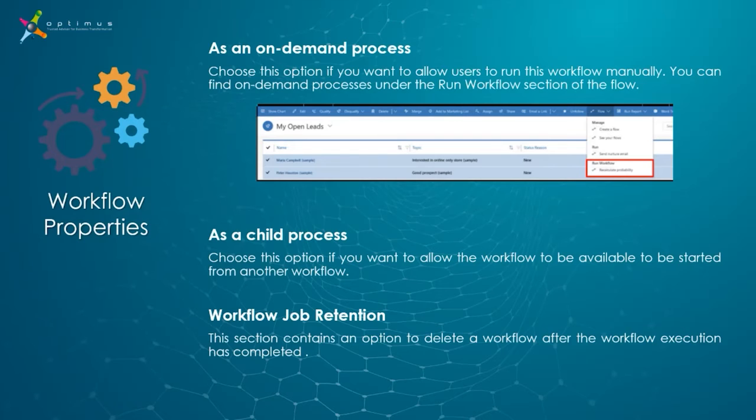Something important to keep in mind is that if you create a main workflow that is real time, and from that workflow you call a child process, even if you configure the child process as a background, the execution is going to be managed by the main one.